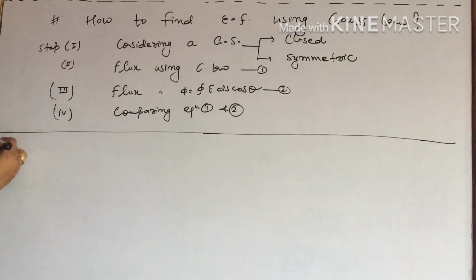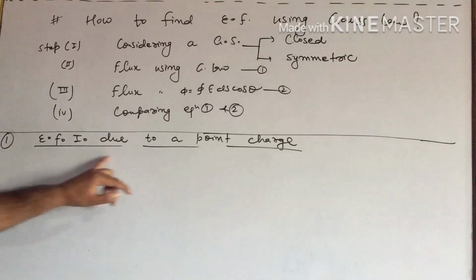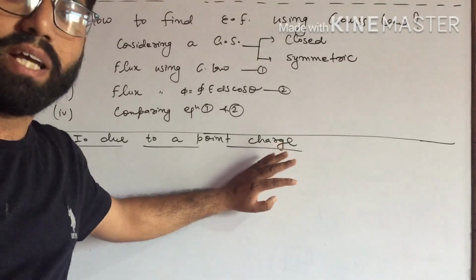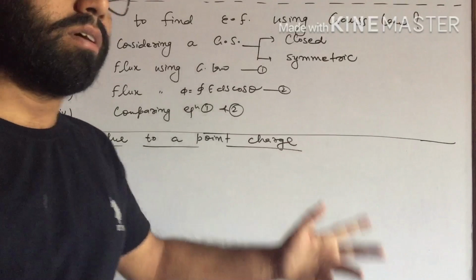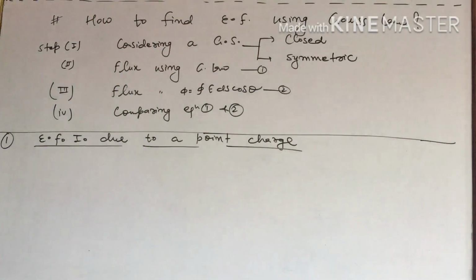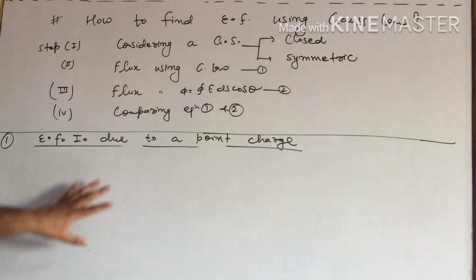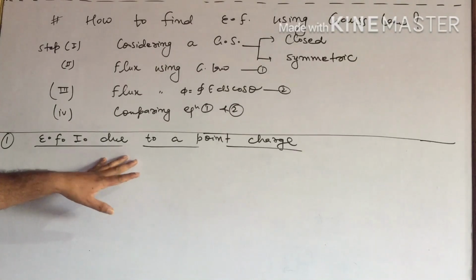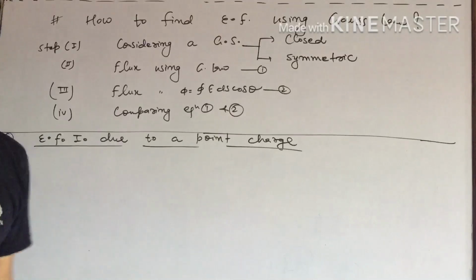Now we will find the electric field intensity due to a given point charge. Electric field intensity due to a point charge we have already discussed using Coulomb's law, which tells us that electric field intensity is 1 upon 4 pi epsilon naught times q upon r square, but today we will find the same result using Gauss Law.